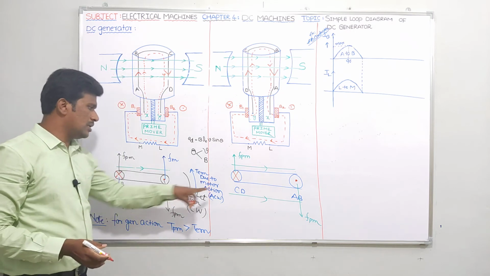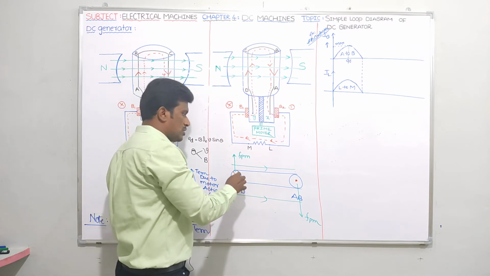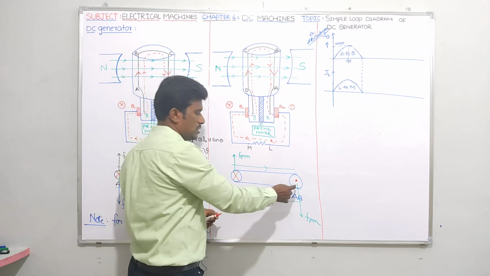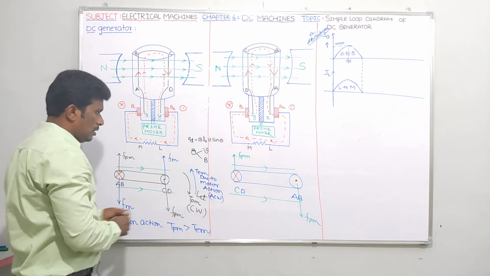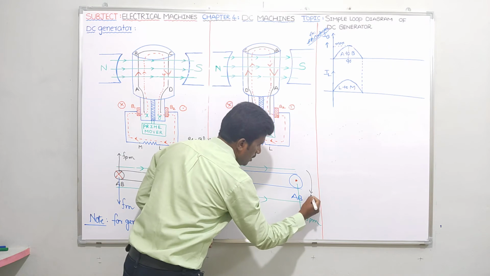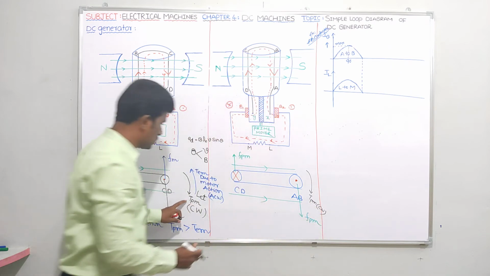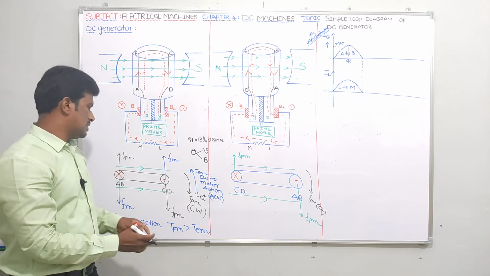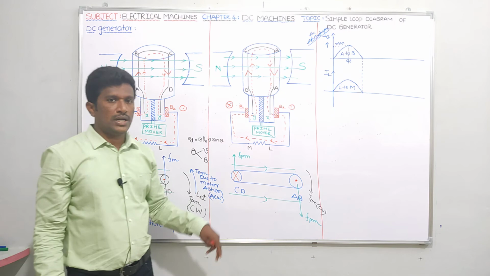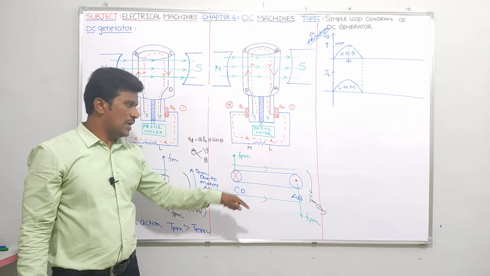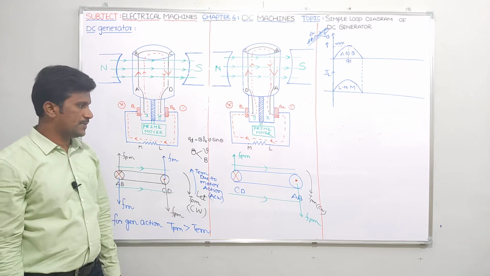Once again guys, here also the direction of TPM will be clockwise. For having tangential motion at CD upwards and tangential motion at AB downwards, what should the direction of TPM be? It should be clockwise direction only, like this. There is no need to show TM once again. It will come just like this. Because of motor action, you will get electromagnetic torque, which will oppose TPM. Same concept will come here also. There is no need to explain once again.